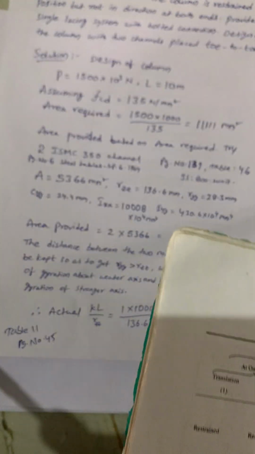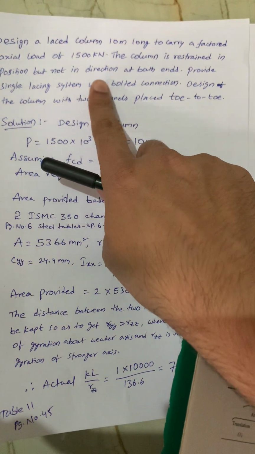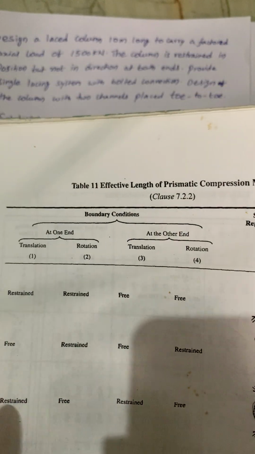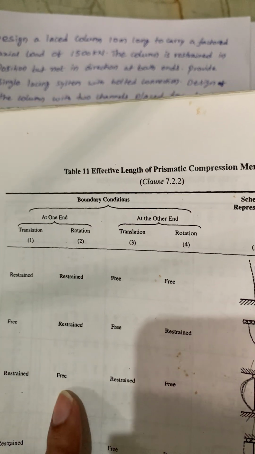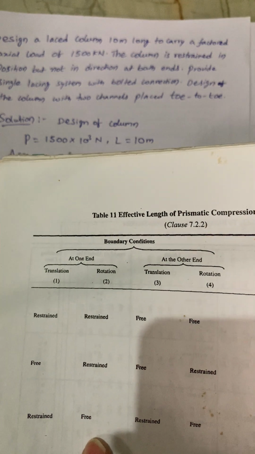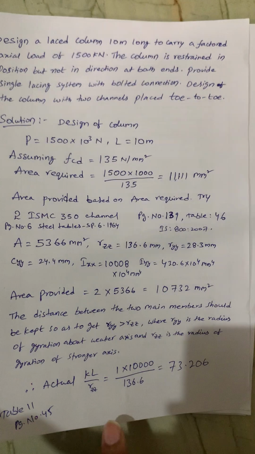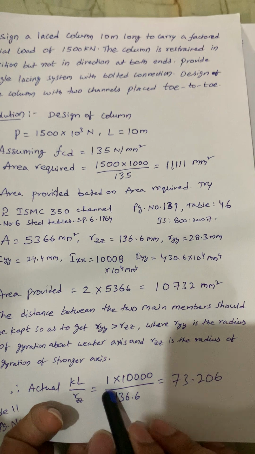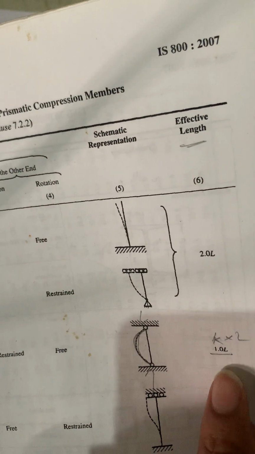Because in the question it is mentioned that the column is restrained in position but not in direction at both ends. So here the column is restrained in position but not in direction at both ends. That's why I'm choosing this class. 1 into, the k value is 1. That's why I consider the k value as 1. Here the formula is 1.0 into L.